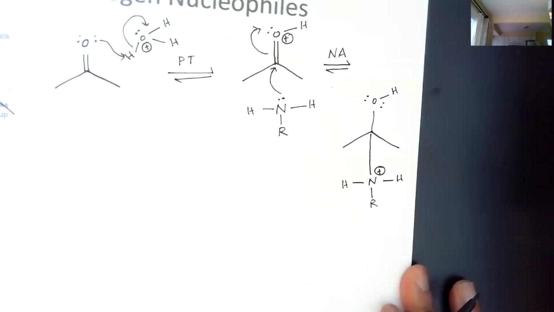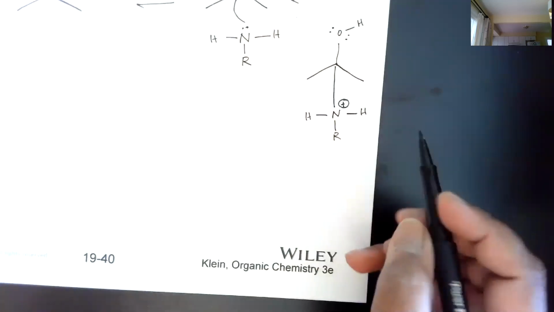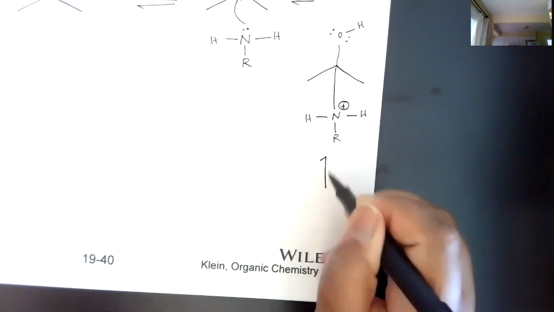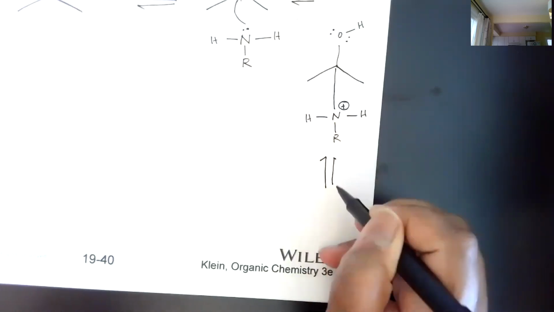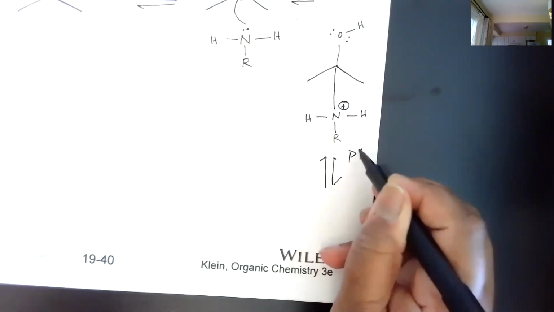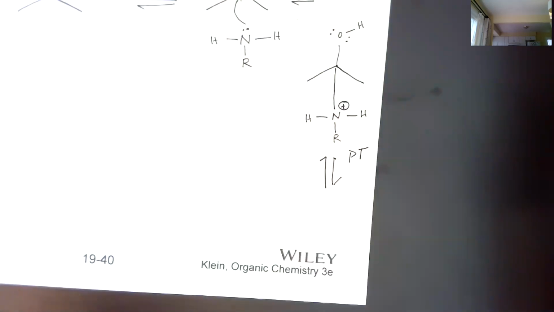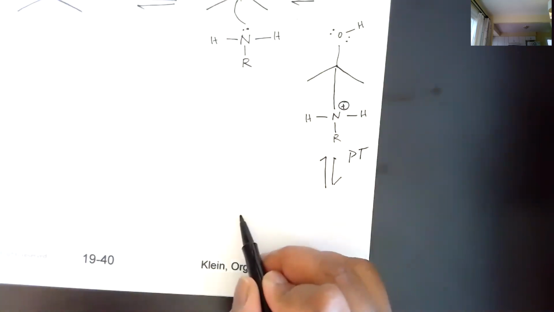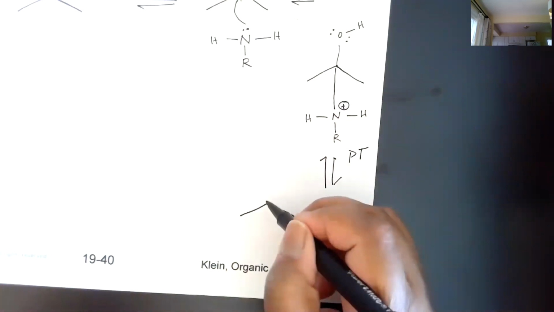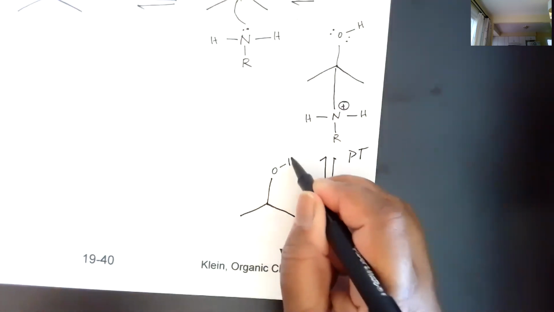So I'm keeping it consistent. Now we have to remove this tail. I'm just going to say proton transfer, and I think you understand by now what that is. And I'm going to show the structure, so it'll be easier for you to follow along.